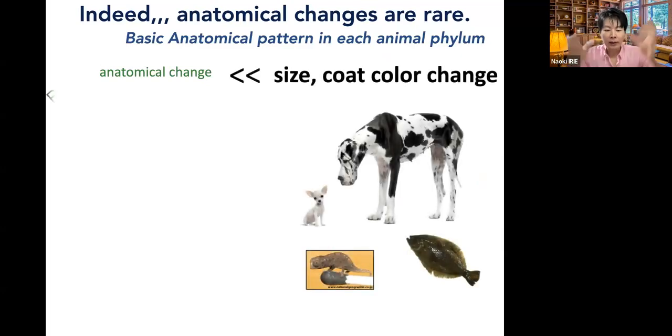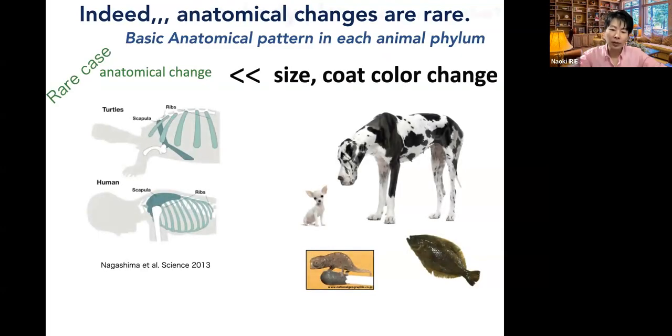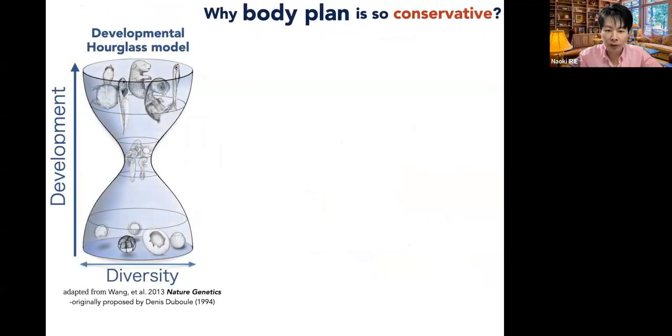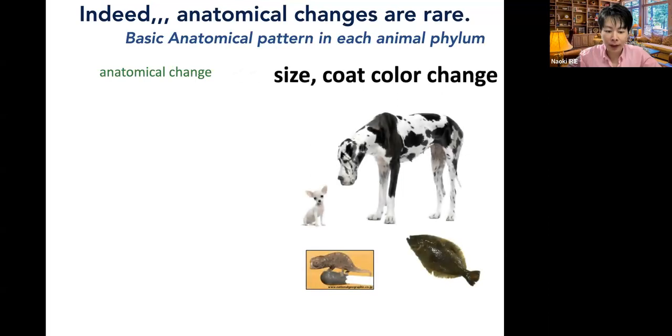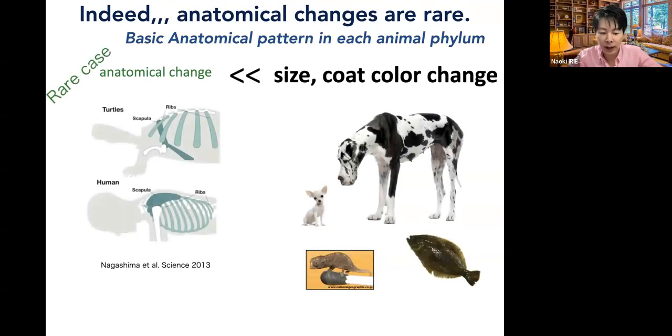And indeed, by looking at a smaller evolutionary timescale, we see plenty of species that underwent coat color change or size change, or even flattening, but still it's pretty rare to have this kind of anatomical change.